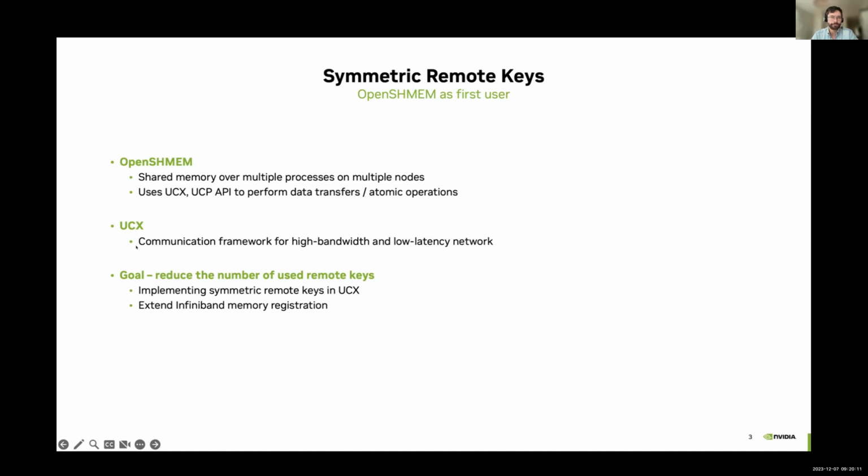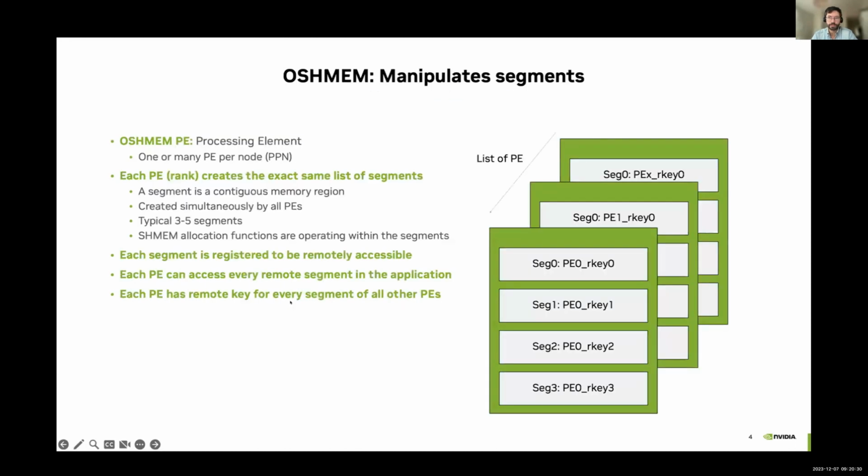We are relying on UCX, and the goal is to reduce the number of remote keys that we need in order to implement the symmetric memory model used in OpenSHMEM. That's the goal.